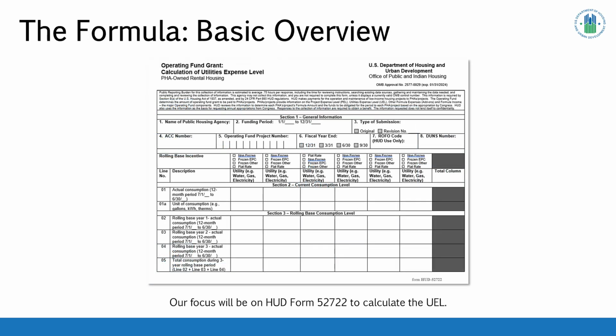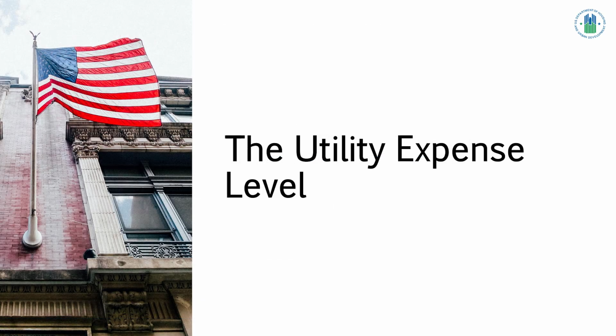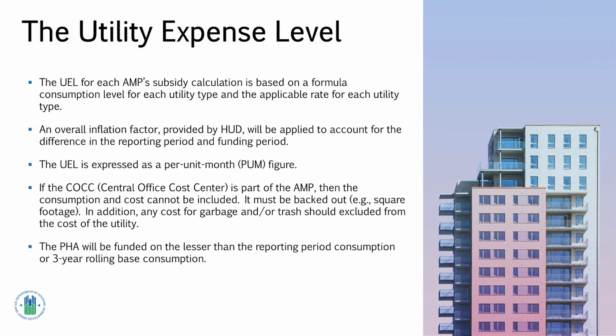When we focus on the 52722, the calculation of the UEL is, again, the utility expense level. There are a lot of acronyms within HUD, and UEL is the utility expense level. It is just a piece of the overall subsidy calculation that we're focusing on. We're going to be tracking utility cost and consumption by type of utility so we can get that subsidy for the authority-paid utilities.